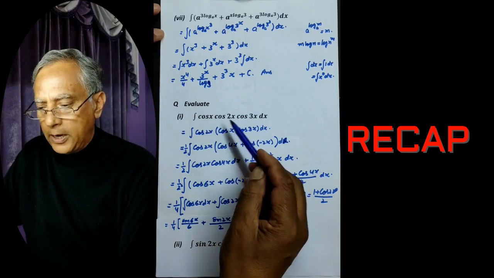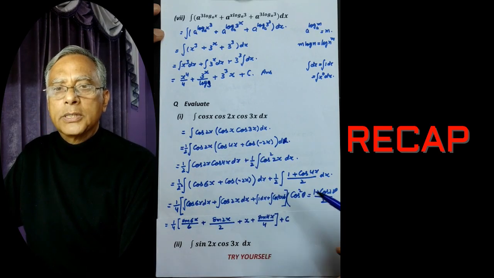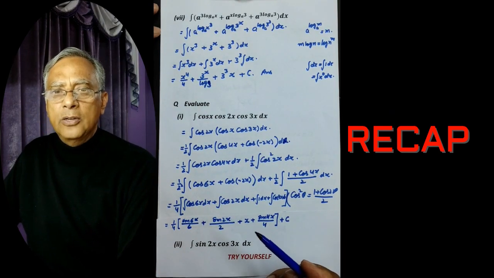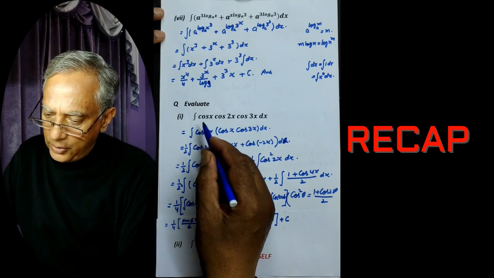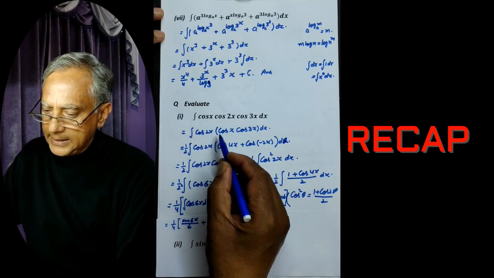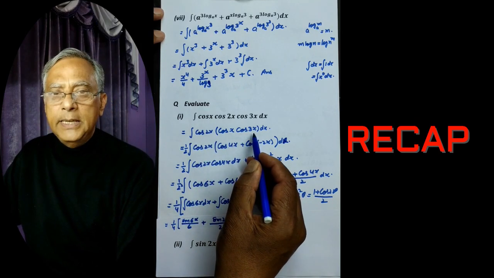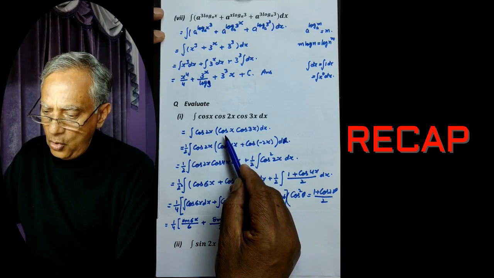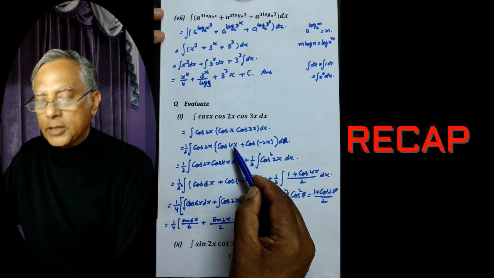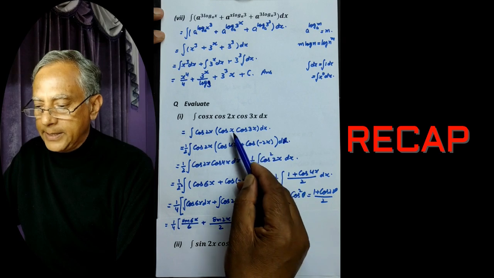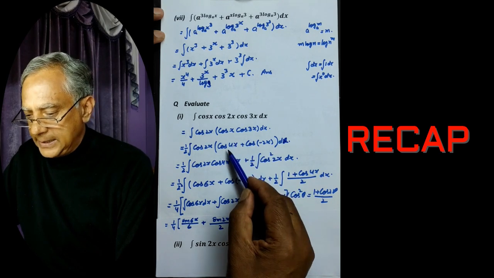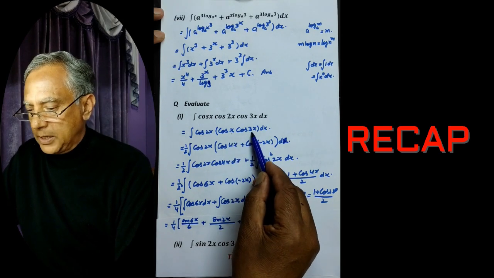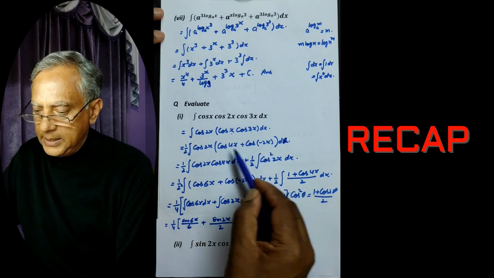We know this product can be separated into sum of sines and cos. So what we do is we write this as cos 2x into cos x cos 3x, and we know 2 cos a cos b is cos (a plus b) plus cos (a minus b). So this can be written as cos of 4x plus cos of (a minus b) is minus 2x.